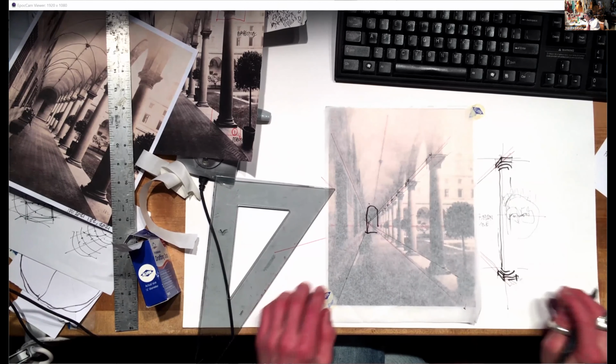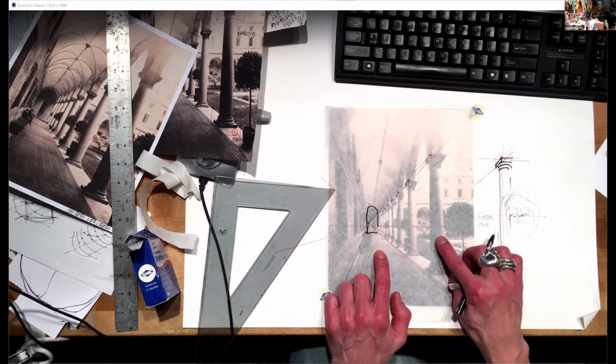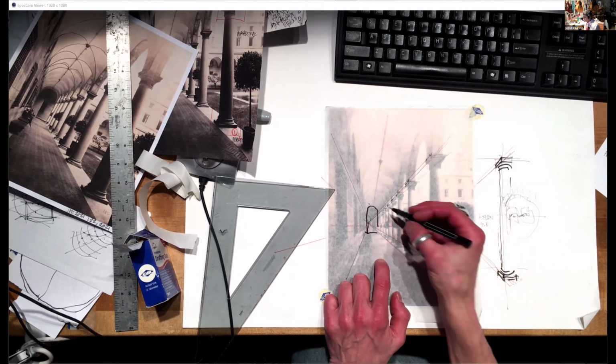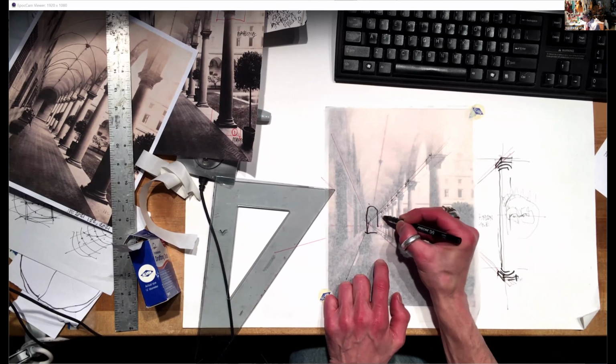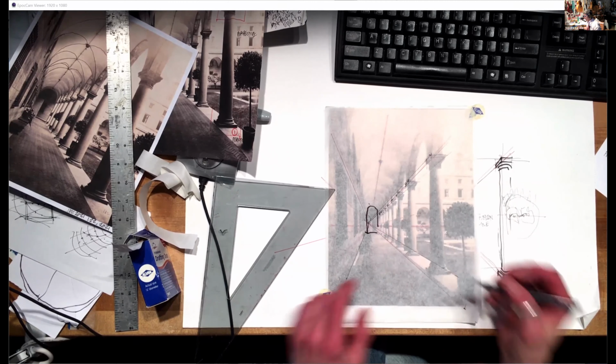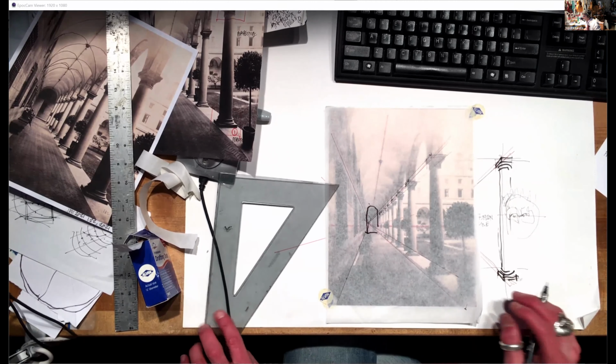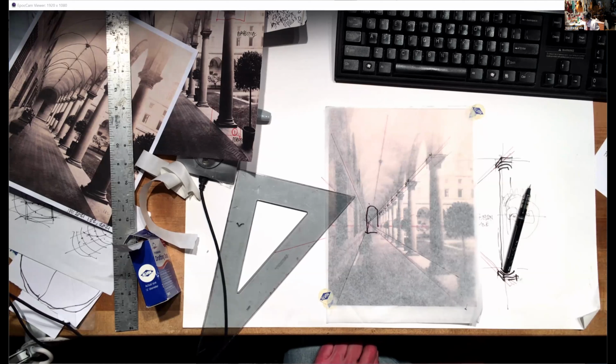As you get much smaller, these become a bit less distinct. Now, the columns themselves are not straight up and down. They're not perfectly vertical.